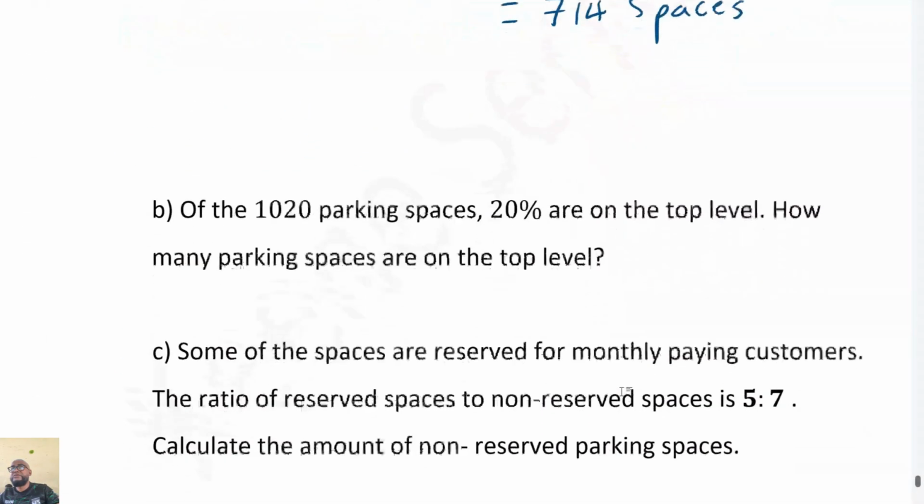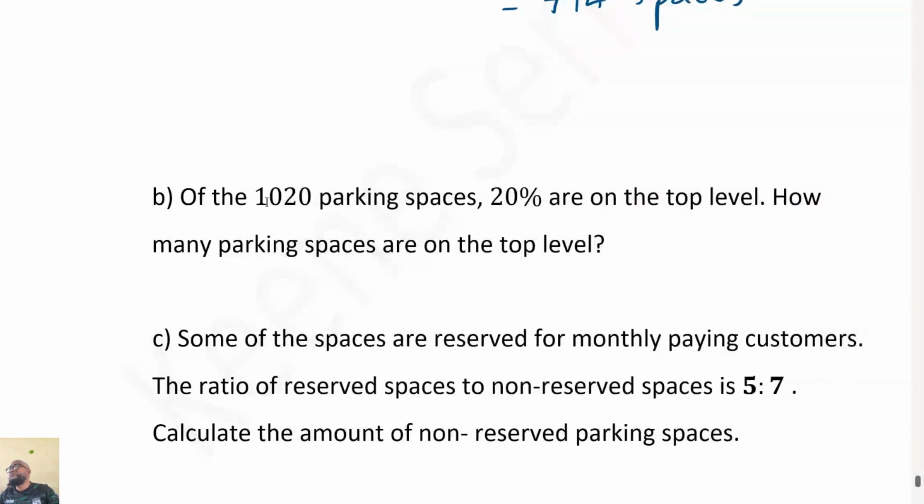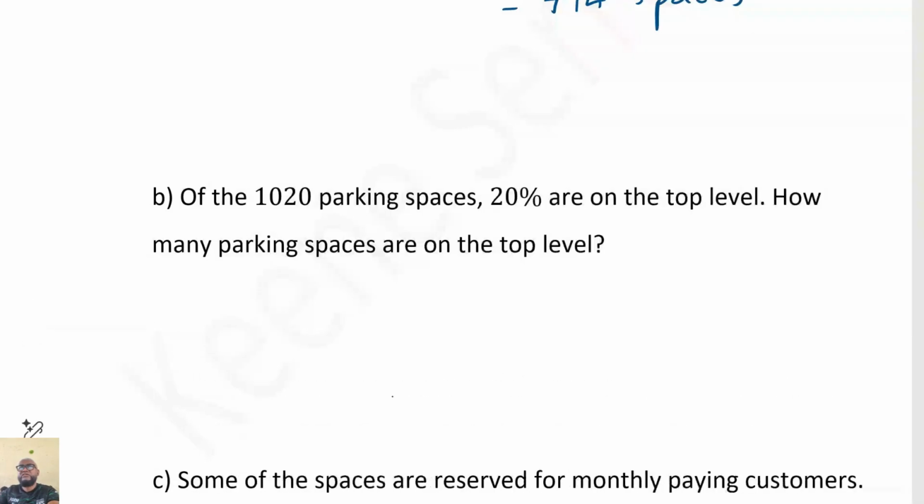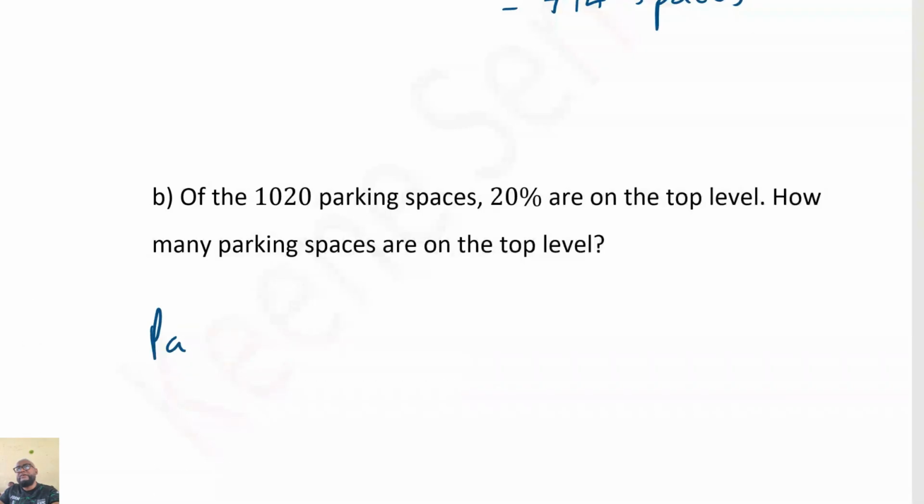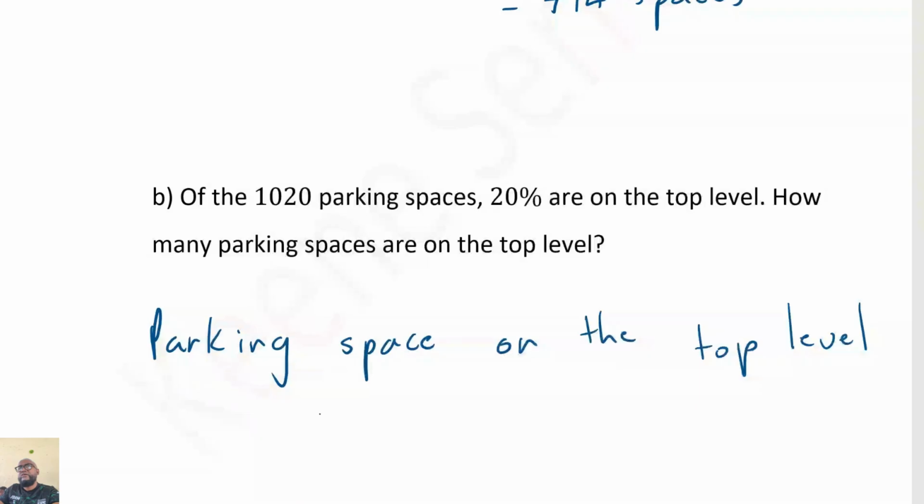Mr. Gamal, 5 minutes. Of the 1,020 parking spaces, 20% are on the top level. How many parking spaces are on the top level? Parking spaces on the top level would be equal to 20 over 100 because it's 20% of the 1,020.